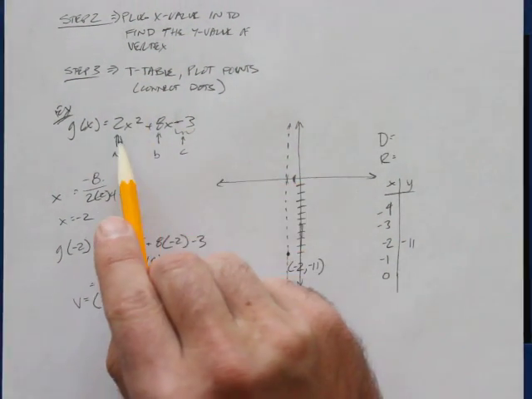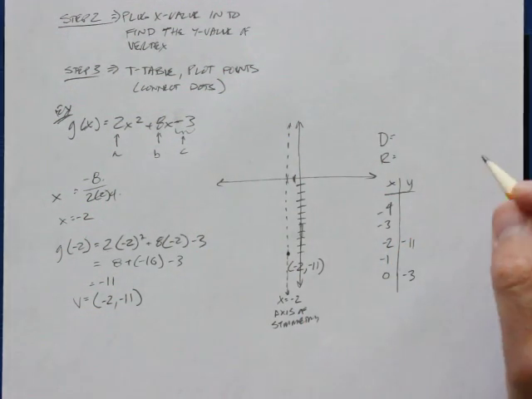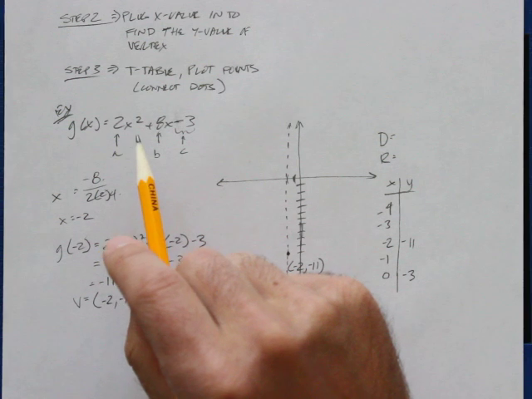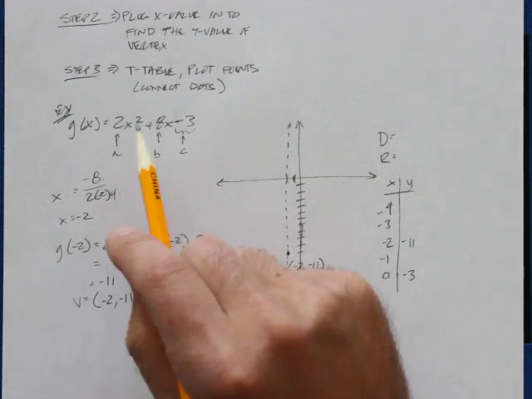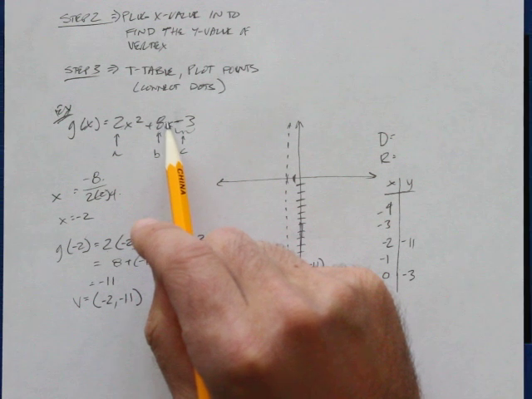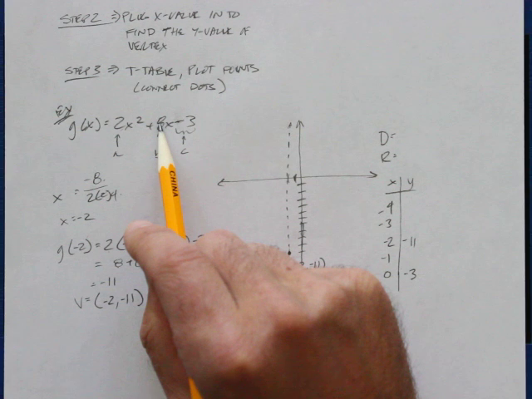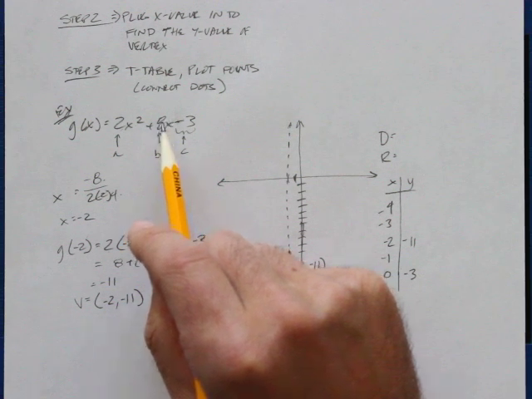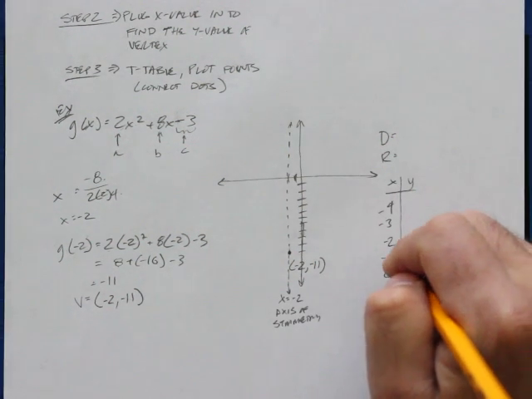So I plug in 0 to my original equation, I get negative 3. If I plug in negative 1 to my original equation, negative 1 times negative 1 is positive 1, so 2, and then times negative 1 here times the 8. So 2 minus 8 is going to get me a negative 6, minus 3 is negative 9.